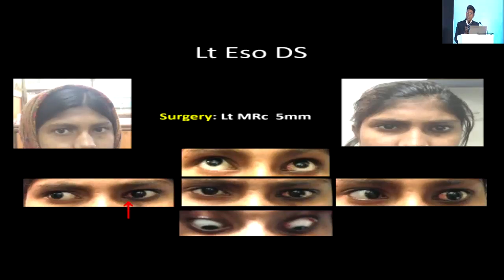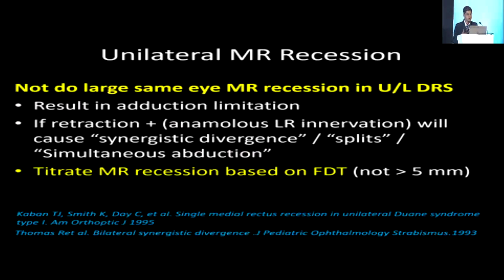It may get a little better with time, but the adduction deficit is there because, as I mentioned in the beginning, the MR is still a theoretically paralyzed muscle, and you've weakened a paralyzed muscle. That's why we generally do only very small recessions of the medial rectus. So do not do large medial rectus recessions; it does result in adduction limitation.